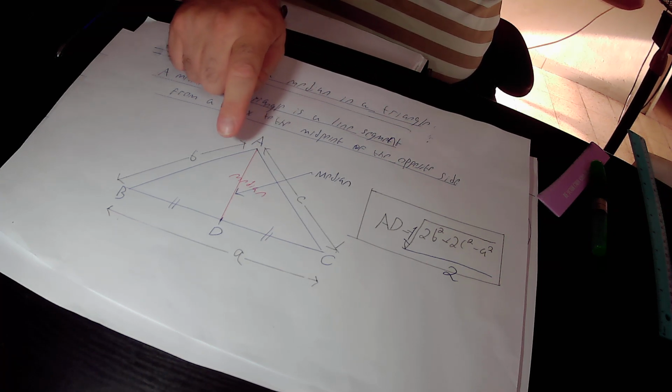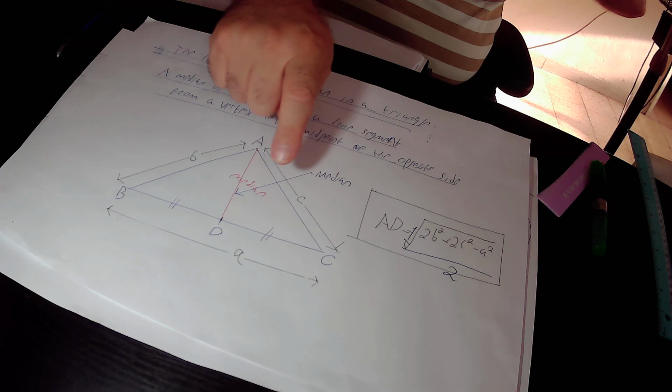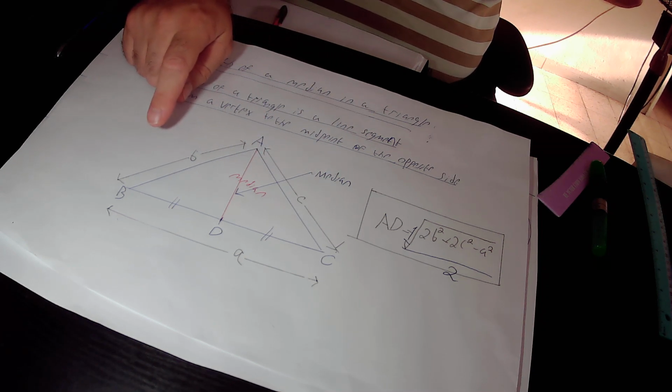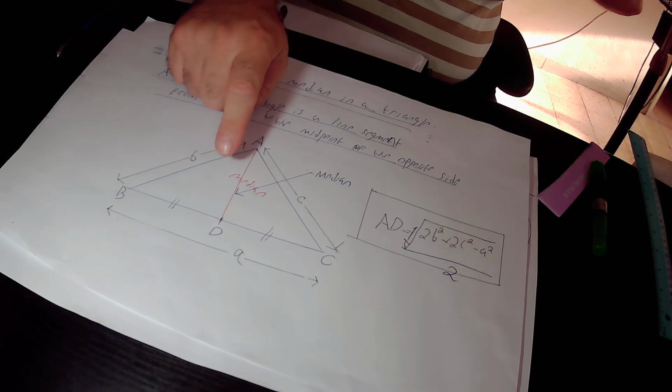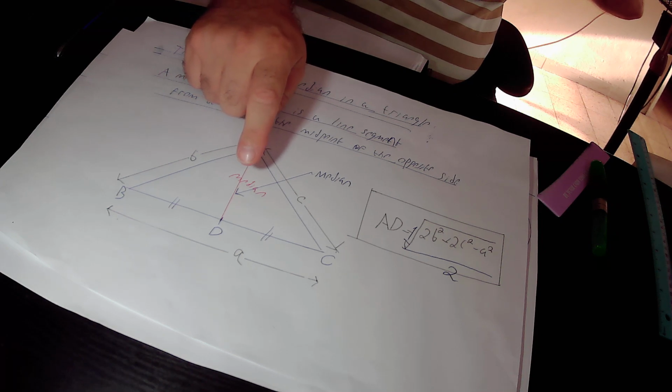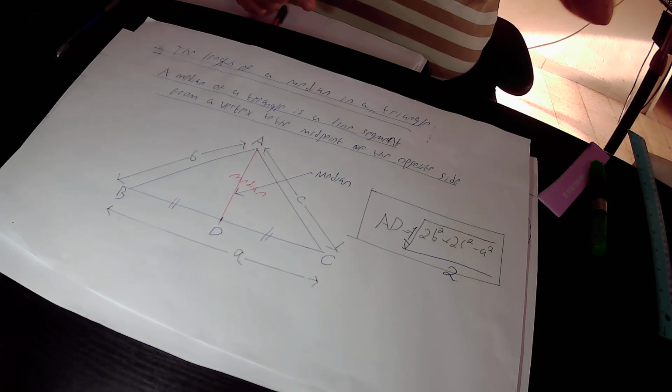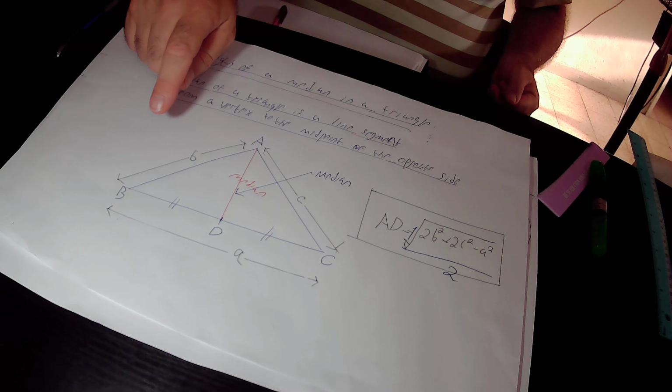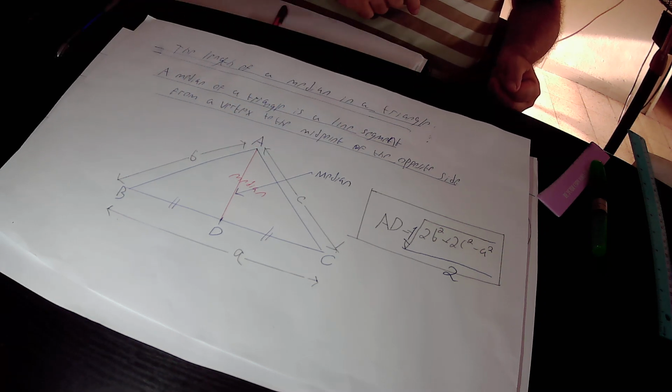At point D, the opposite side BC has been bisected into two halves. The first half is BD, the second half is DC. So the median AD bisects the opposite side BC into two halves.